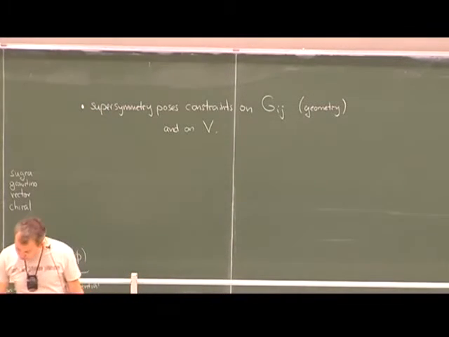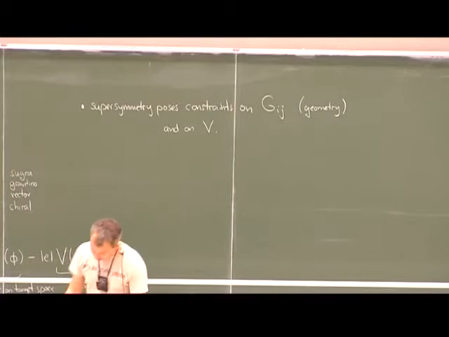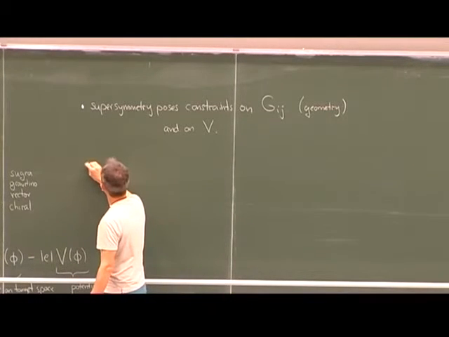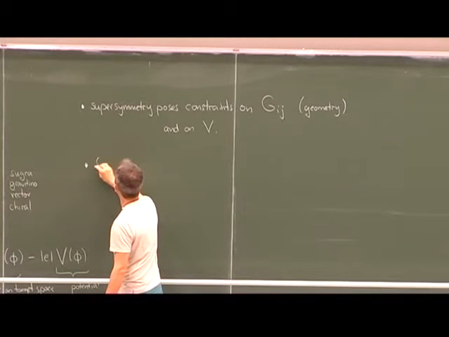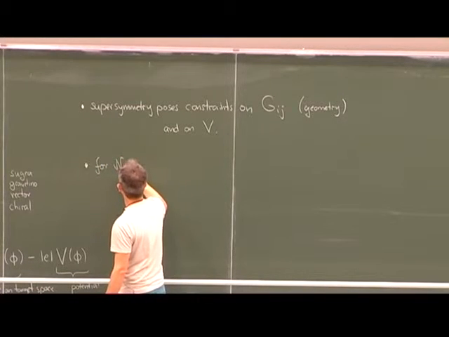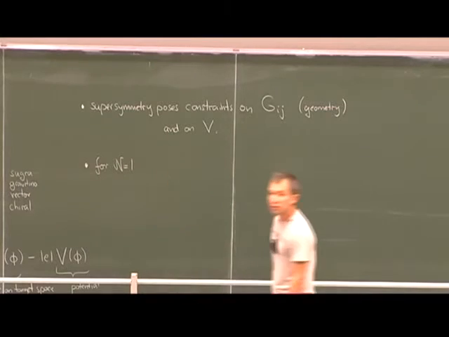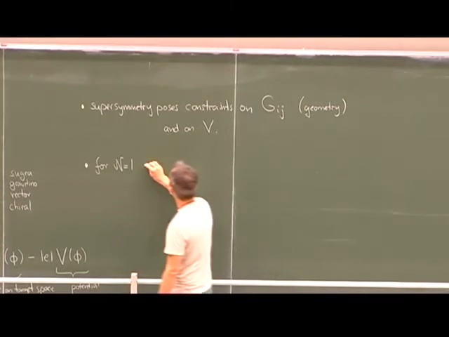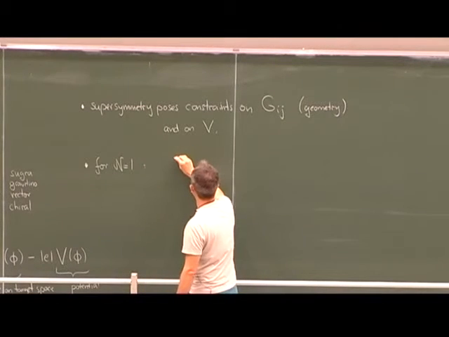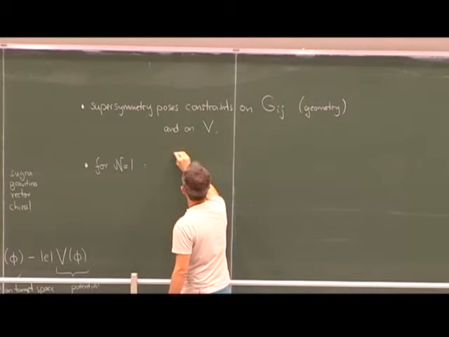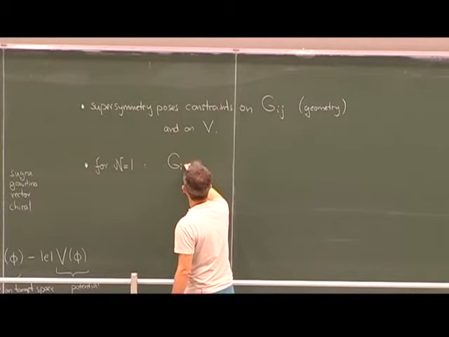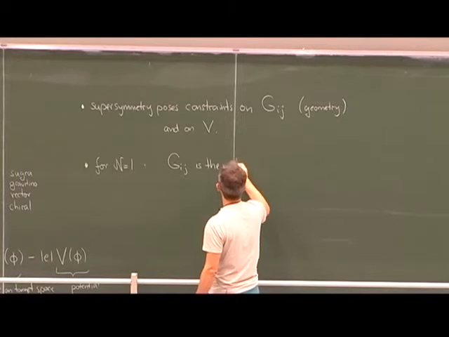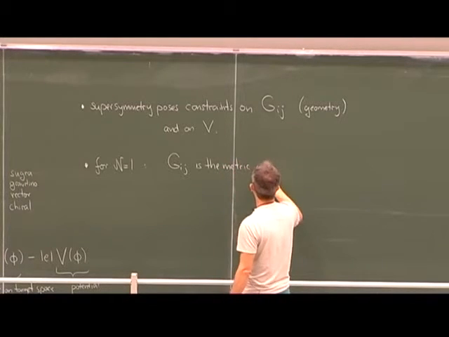And now for N equals 1 supersymmetry, the structure is in fact very simple. For N equals 1, a supersymmetric extension of what we have been constructing this morning, N equals 1 imposes that Gij is the metric of a Kähler manifold.